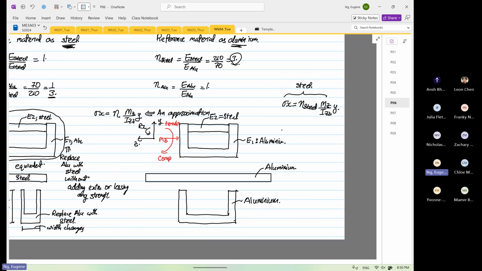And stress X for the aluminum section is Mz over Izz multiplied by y. So this is for the aluminum.